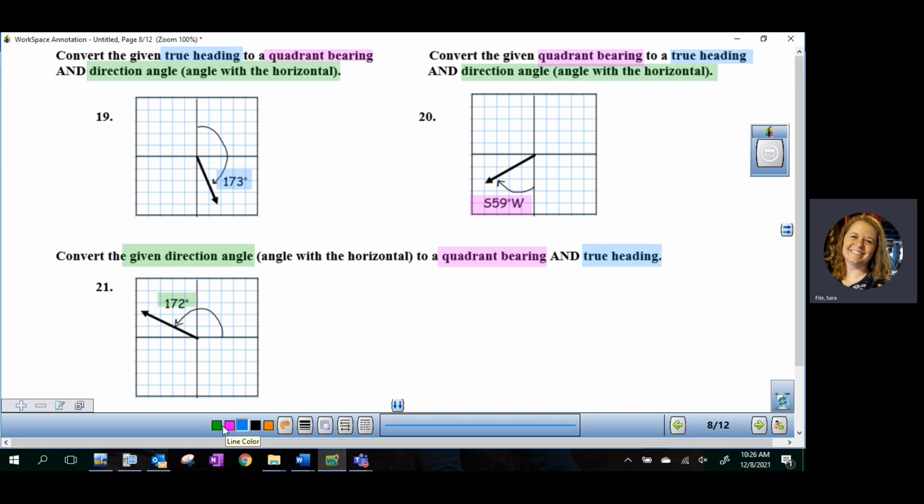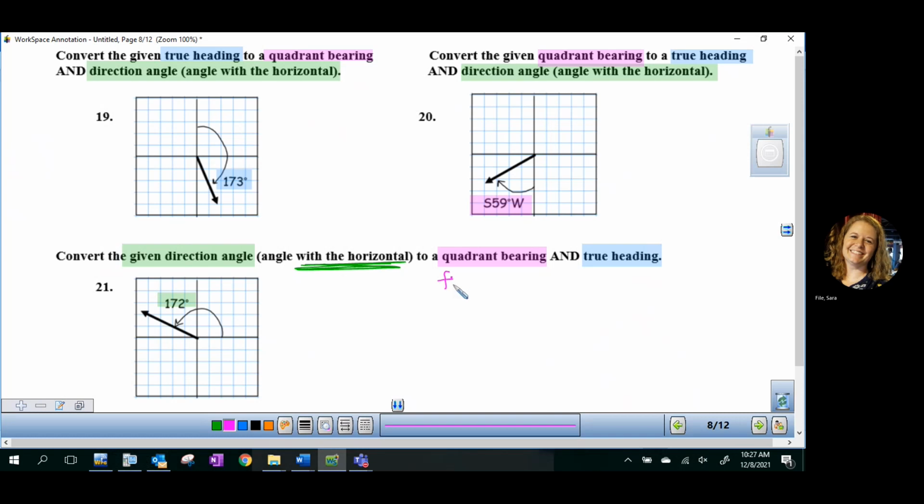Okay, so direction angle is with the horizontal. That's like standard position, what we normally draw and measure angles in. Up to this point, that's all we've been using. And then quadrant bearing is from the north or south to the east or west, right?